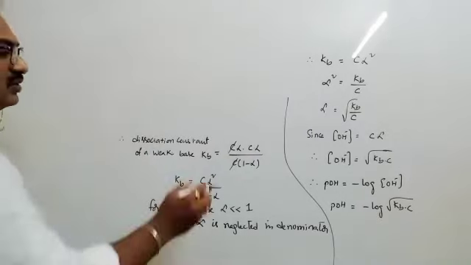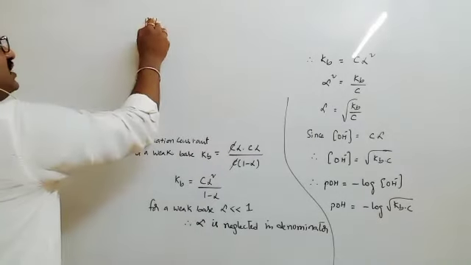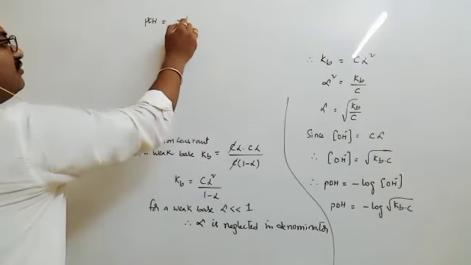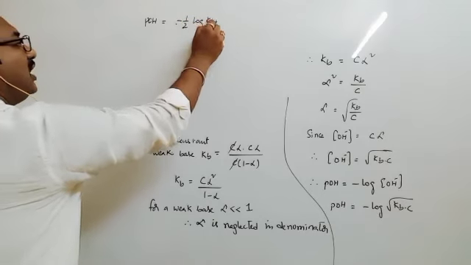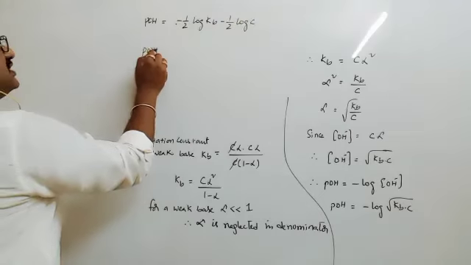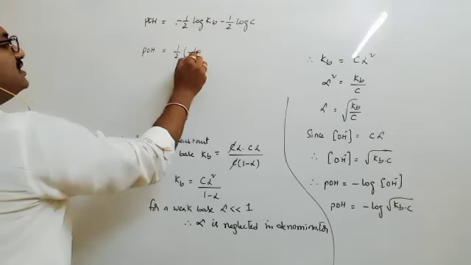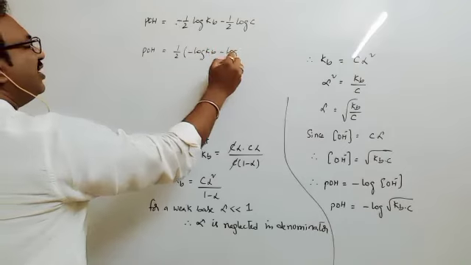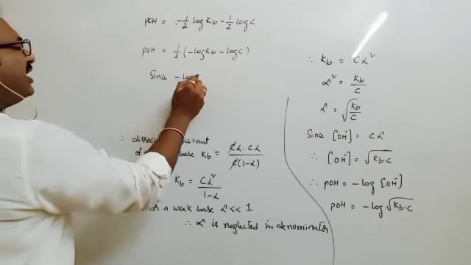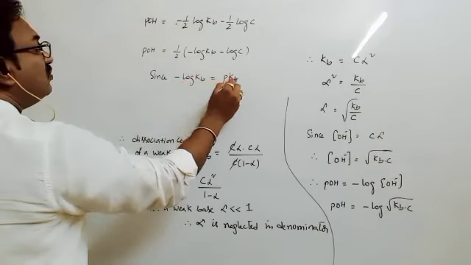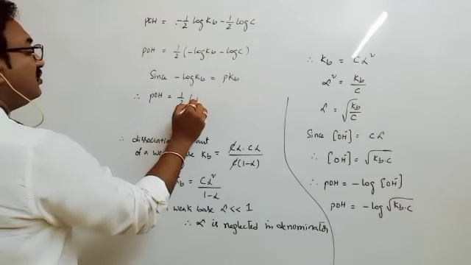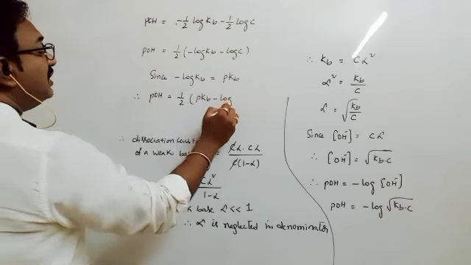Now, pOH is equal to half into log Kb minus half log C. So pOH is equal to, separating the half, minus log Kb minus log C. Since minus log Kb is always equal to pKb, therefore pOH is equal to half into pKb minus log C.